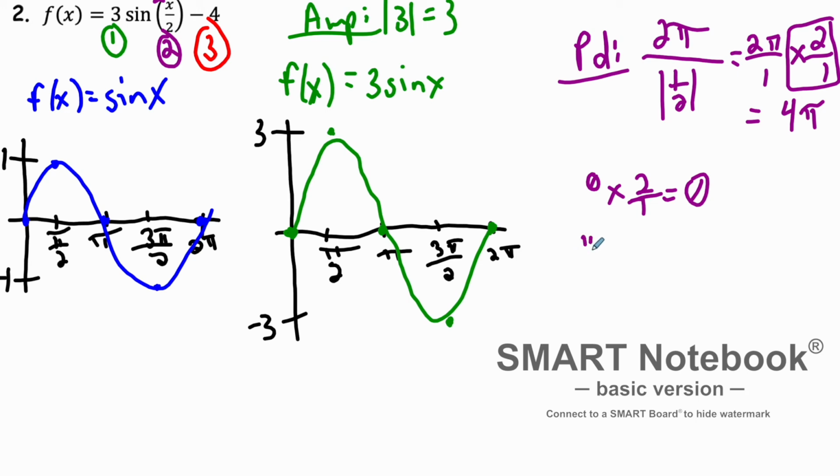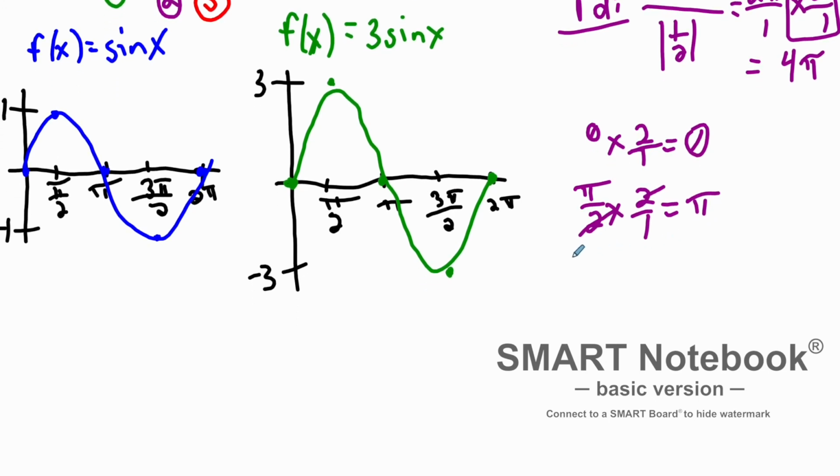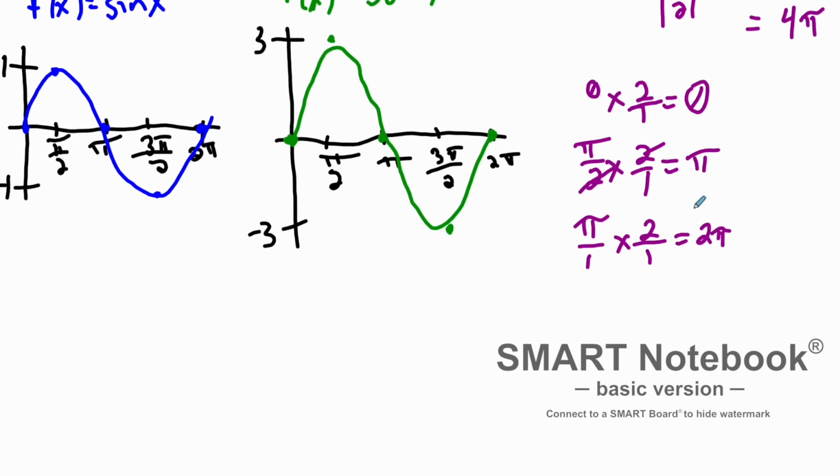Next, pi over 2. Multiply that by 2 over 1. The 2's cancel, and I'm just left with pi. Next up, pi. You can put pi over 1 if you want to. Multiply by 2 over 1 gives me 2 pi. And the last point was 3 pi over 2.